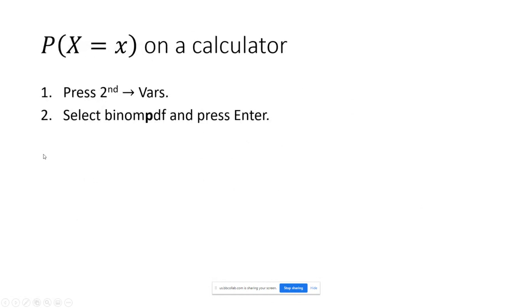All right. To compute binomial probabilities on a calculator, if you have a TI-83 or TI-84, the way to do that is to press the second key and then the VARS key, and then select Binom PDF.